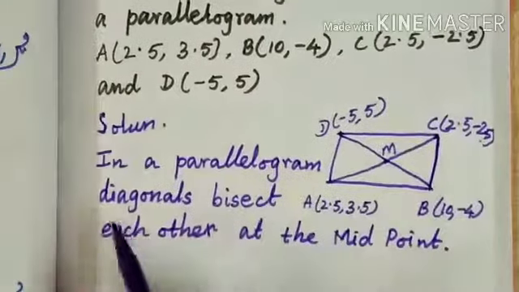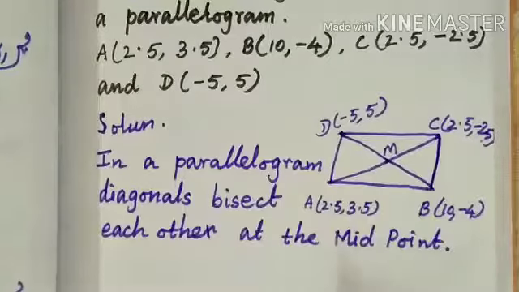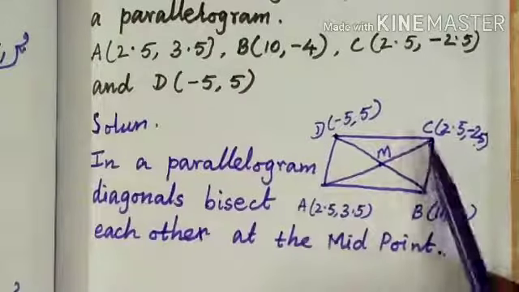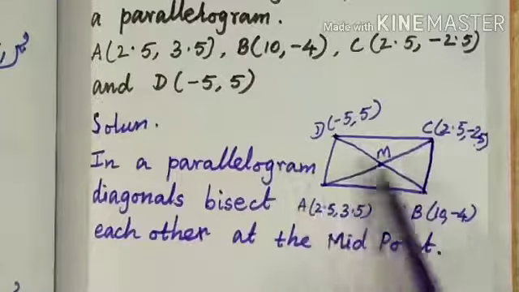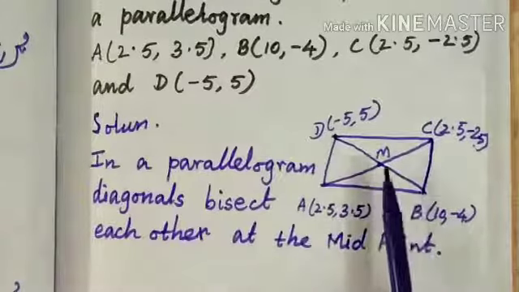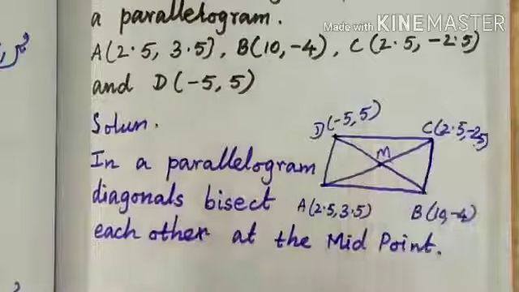Now, let us write the property of a parallelogram. In a parallelogram, diagonals bisect each other at the midpoint. Therefore, the midpoints of the diagonals, midpoint of AC and midpoint of BD, intersect at the same point.